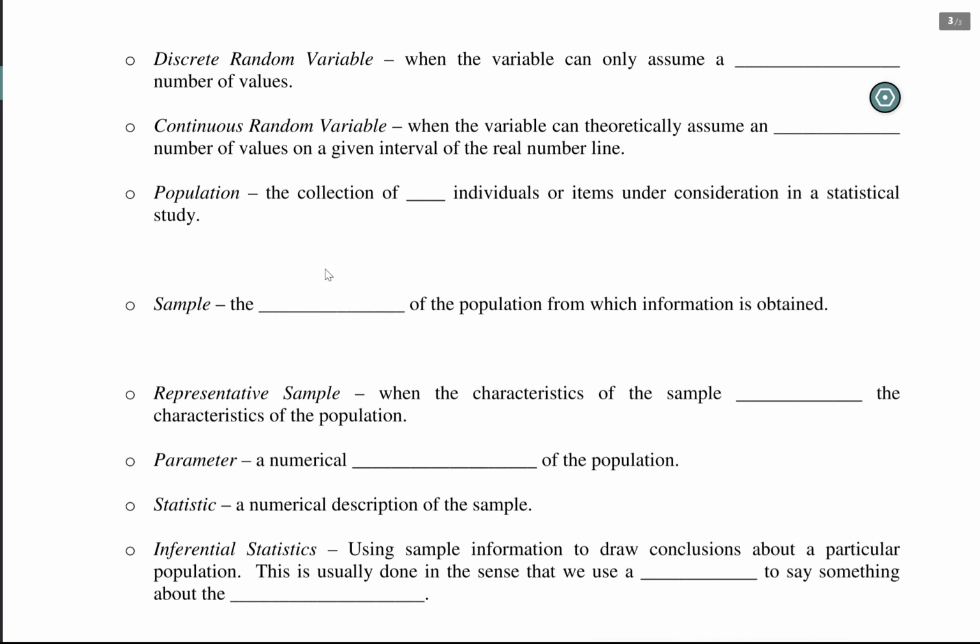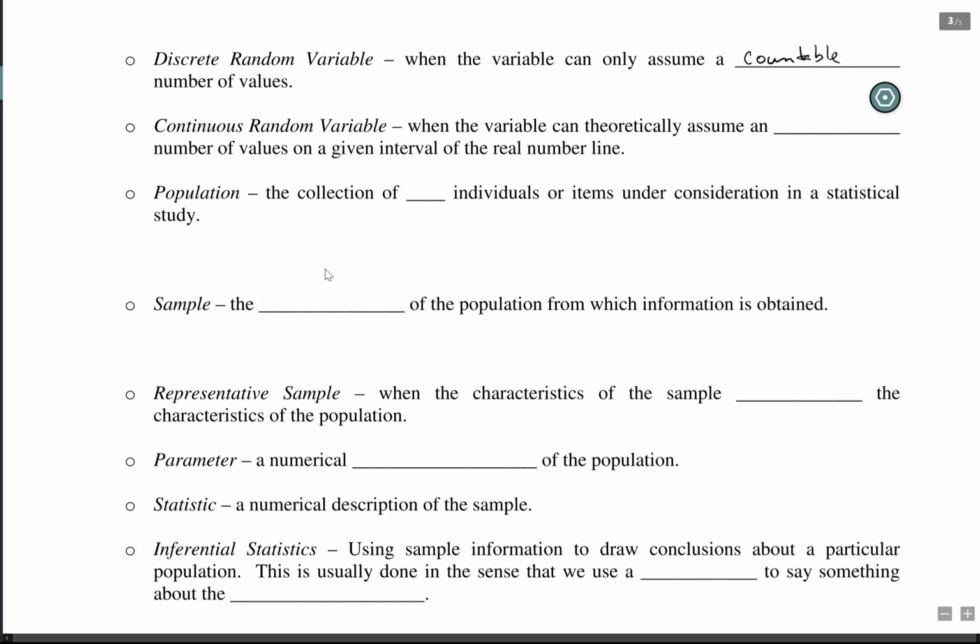A discrete random variable is one where the variable can only assume a countable number of values. And that word countable has a particular mathematical meaning: that there's a relationship between the positive integers and every possible value of this random variable.